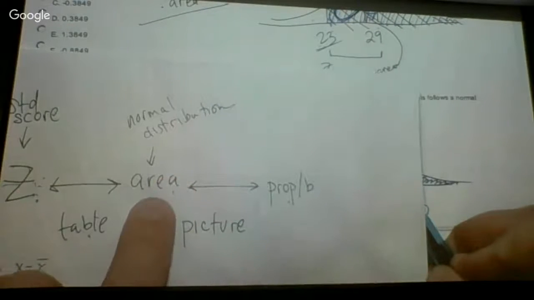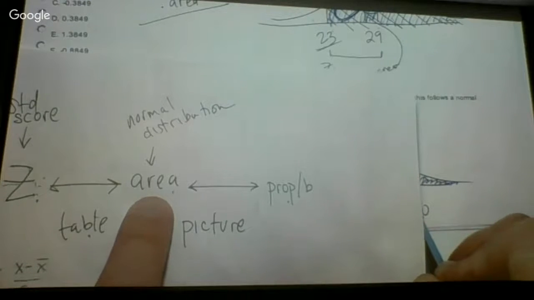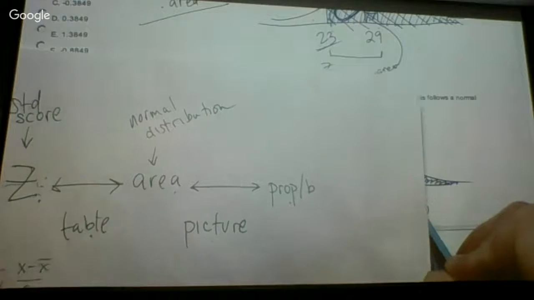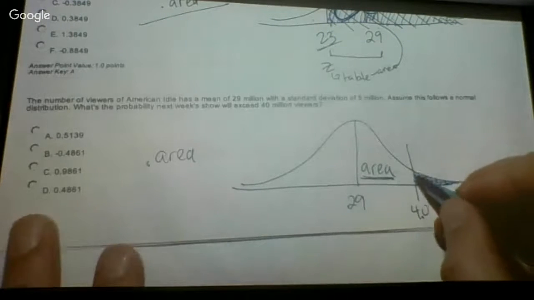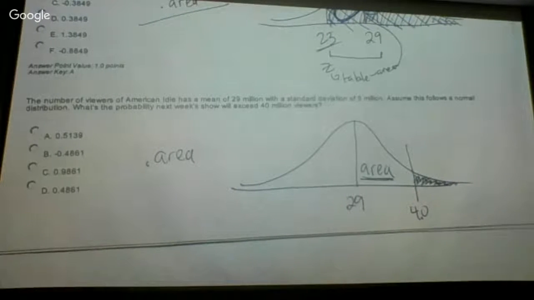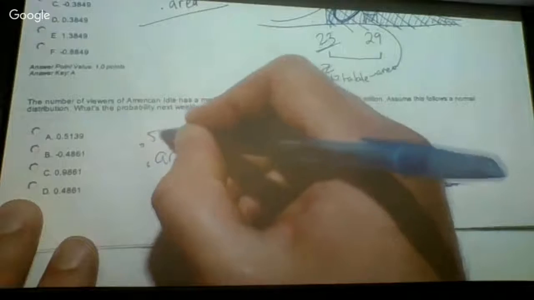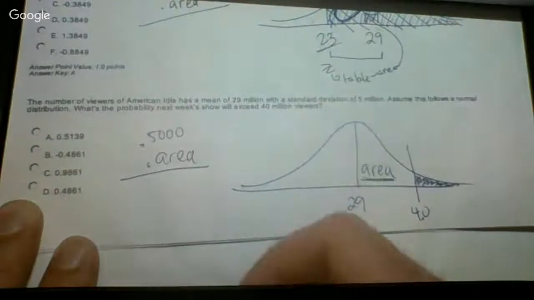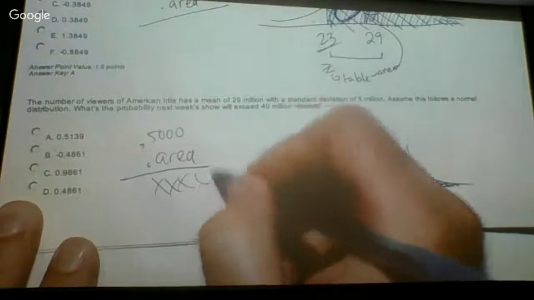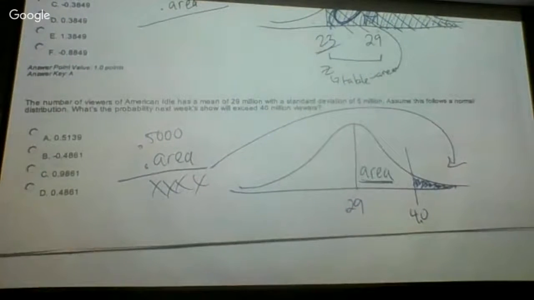Once I find that area, what do I need to add or subtract in order to get the answer, which is exceeds 40 million? You subtract that area. Very good. Subtract that area from 0.5. And whatever that answer is, that's the correct answer for the question.